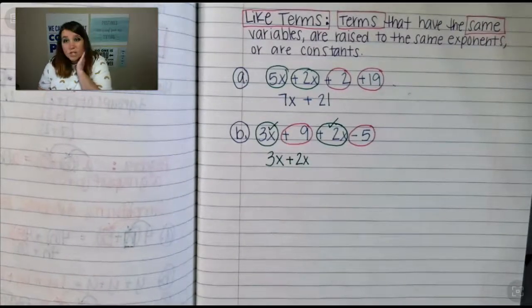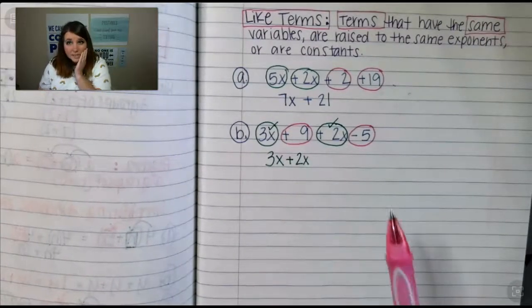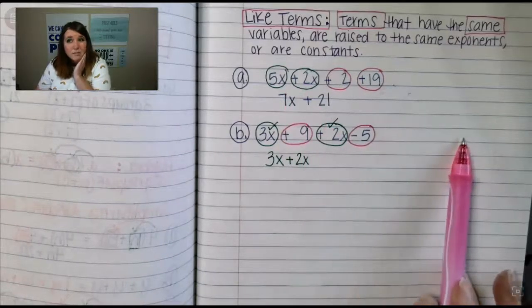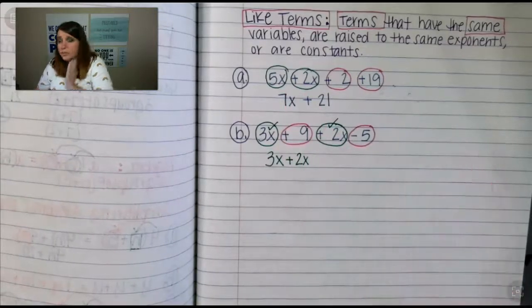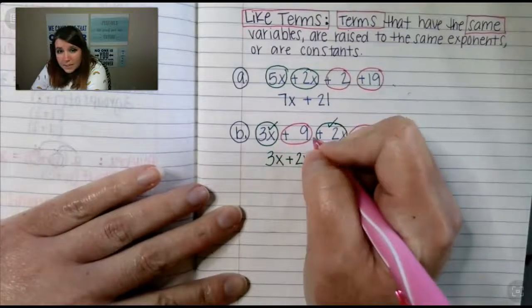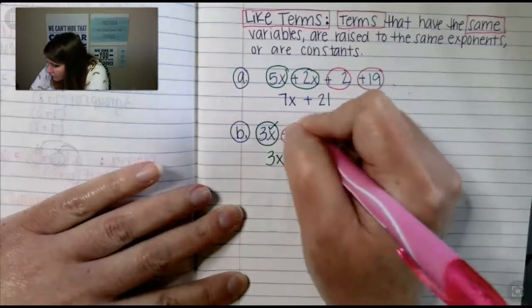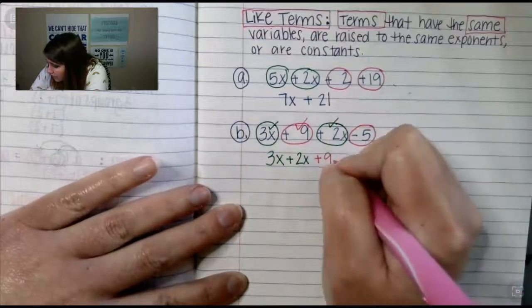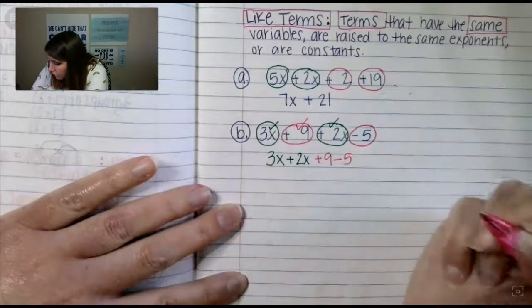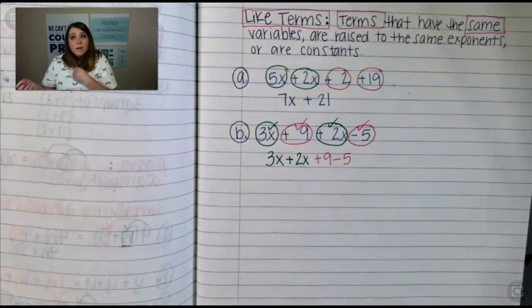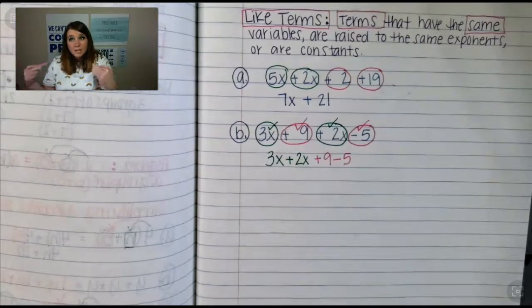Now, I'm checking them off because I've moved them around, and if this list were longer, I want to make sure I didn't forget any numbers. Now I have positive 9. So I'm going to write positive 9 and done. Then I have to drop down my negative 5. Done.